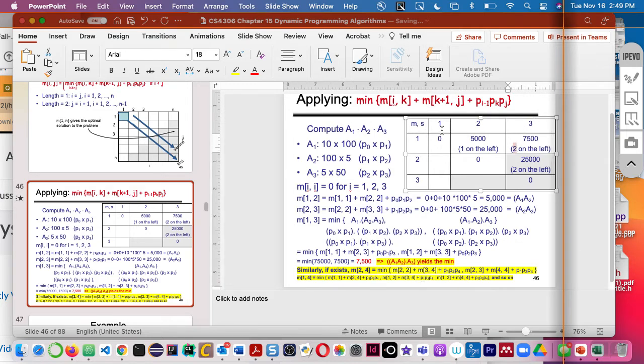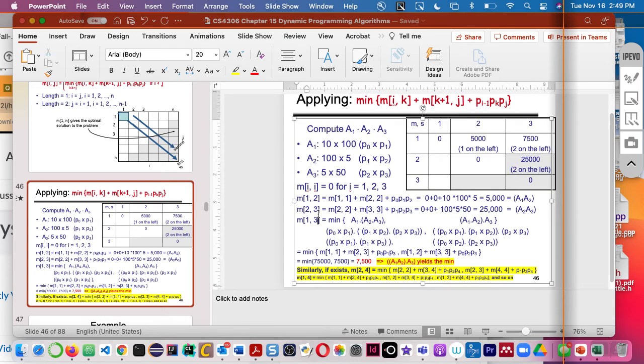That means whenever we multiply 3 matrices, the first 2 matrices will be on the left side. And whenever we multiply 2 matrices, matrix 1 will be on the left side. Whenever we multiply matrices 1 and 2, then 1 will be on the left side. Whenever we multiply 2 and 3, 2 will be on the left side.